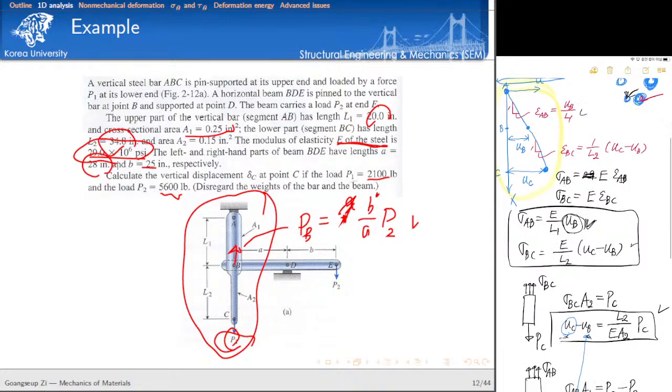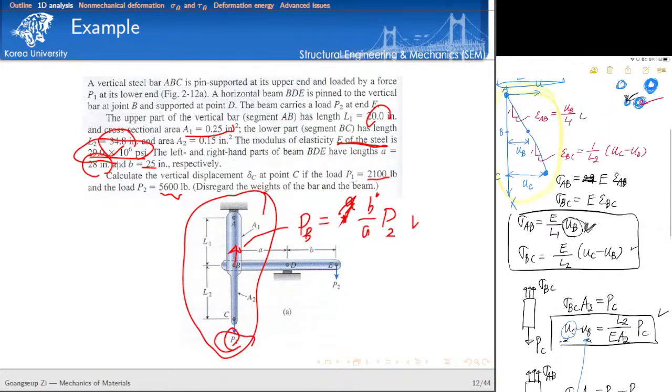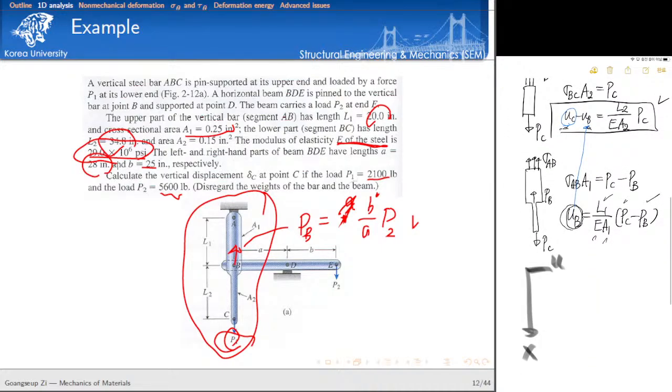So once I did this, then you have the distribution of displacement, U, along the x coordinate. Then using this information, the strain in AB and BC, you can plot the distribution of strain also.